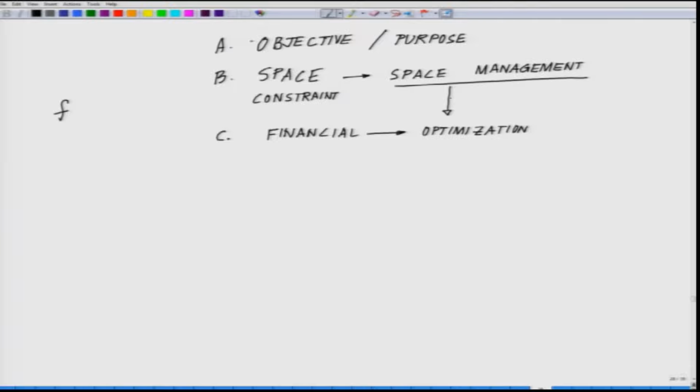So, this arrow, now I am again redoing that arrow, space and finance, these have to be optimized very neatly, and then comes, based on your objectives, what are the objectives you have set for yourself?